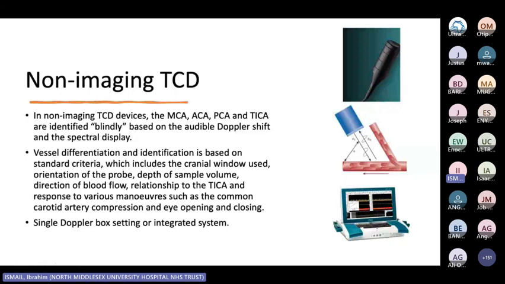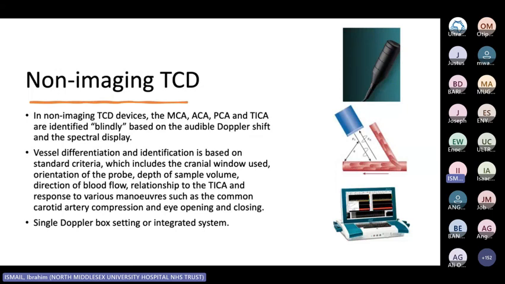We're looking for the vessels I mentioned before, but you're identifying these vessels blindly based on the audible Doppler shift and the spectral display. Each vessel has its own distinct audible noise that, with time and experience, you will understand and differentiate between.